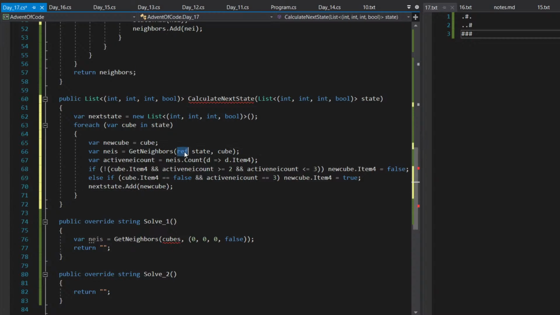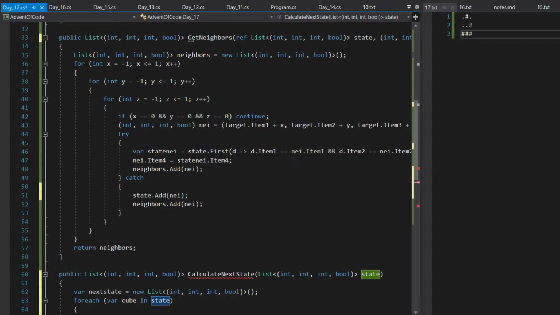Yeah, I don't want to do this reference by state thing here, now that I think about it.